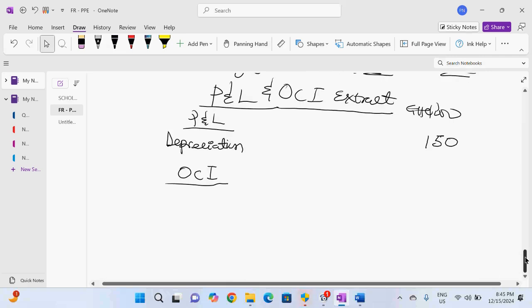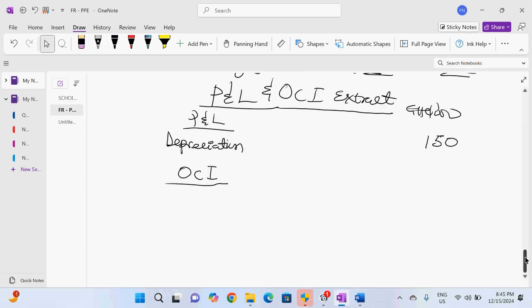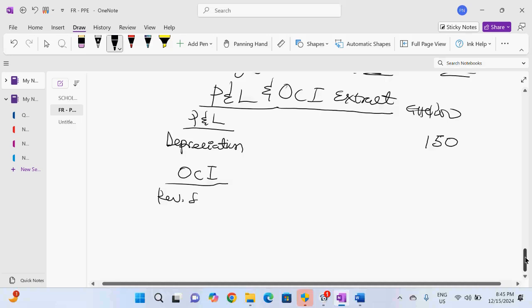Okay. So what will go to the OCI? Revaluation surplus, right?